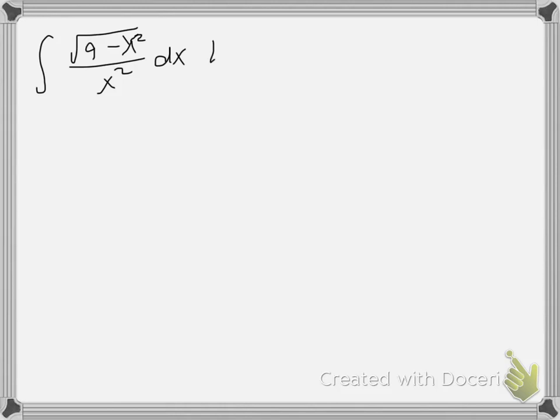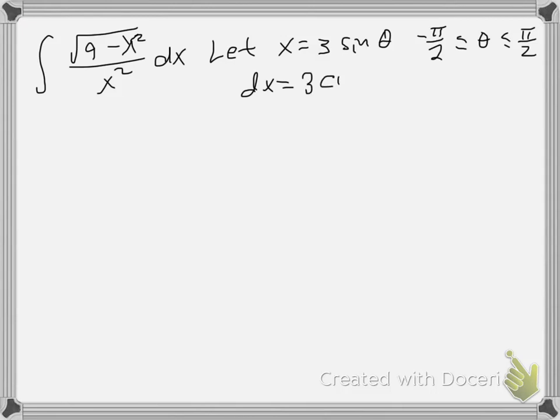Well, let's let x be equal to 3 the sine of theta, provided that the theta is between negative pi over 2 and pi over 2. Then what we can say is that our dx is going to be equal to 3 cosine of theta d theta.